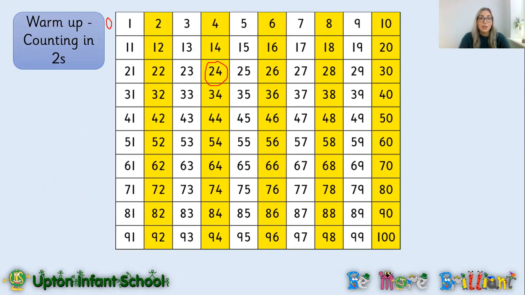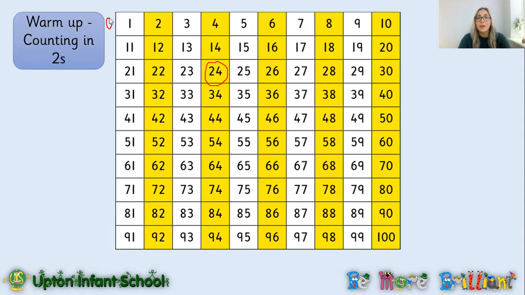Okay, so we have got 0, 2, 4, 6, 8, 10, 12, 14, 16, 18, 20, 22, 24. Okay? Brilliant, everyone. Now we're going to have a go at doing it a little bit quicker. Okay?